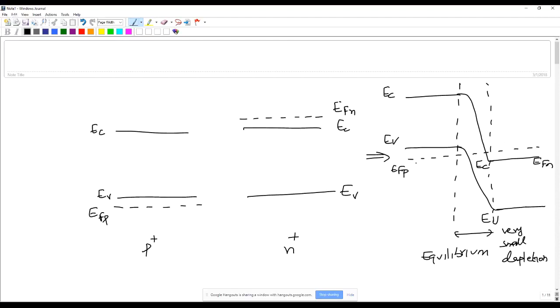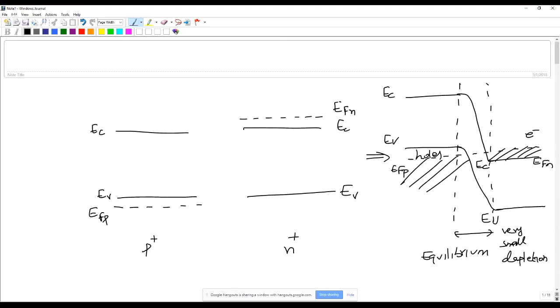Here you have excess holes. All of these are electron states. You have a lot of holes here. Here you have a lot of electrons. When you reverse bias, you have ease of flow of current, which is why you have a linearly increasing current in reverse bias.